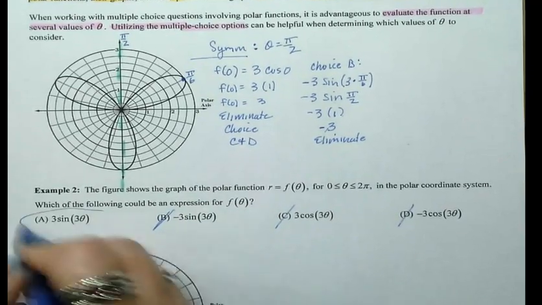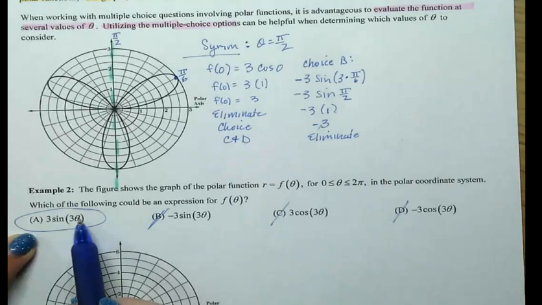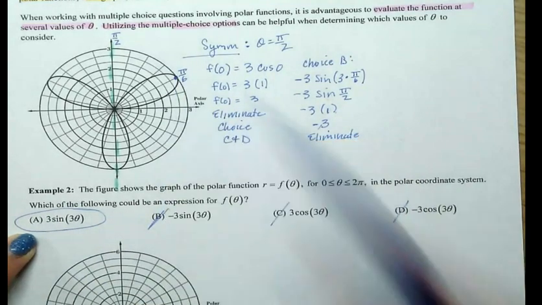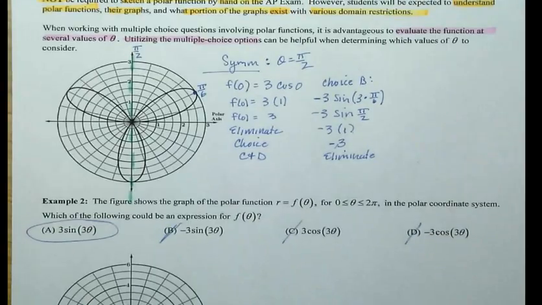That leaves me with choice A. And you could plug in a number if you wanted to. You could say pi over 6. So 3 times pi over 6 is pi over 2. Sine of pi over 2 is 1. 1 times 3 is 3, which does give me the r value at this point on my graph. So that's the process that we're going to use to eliminate.